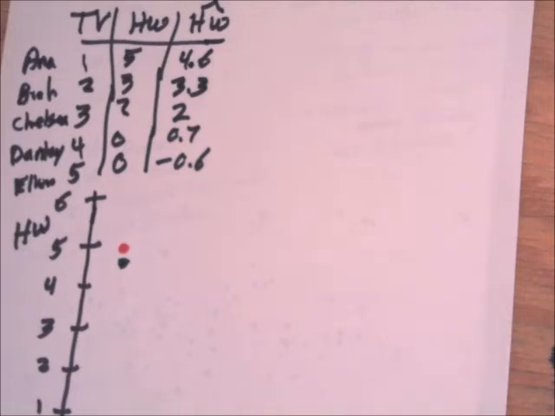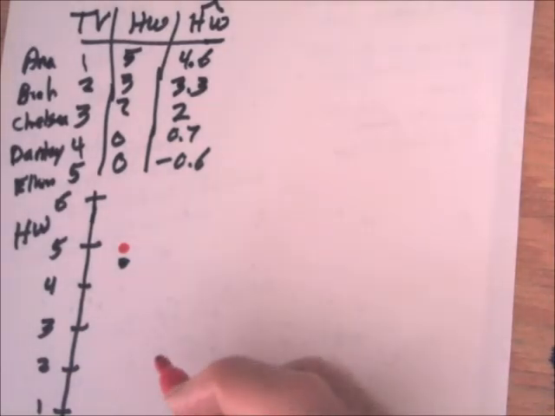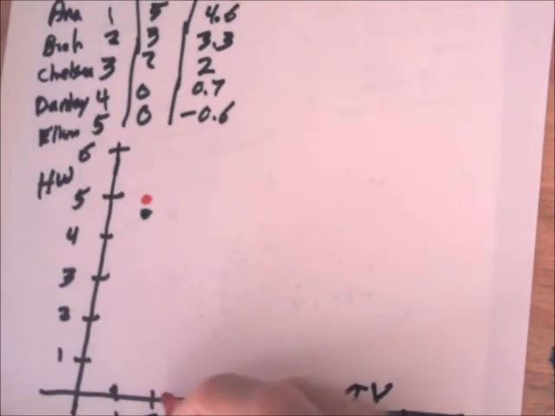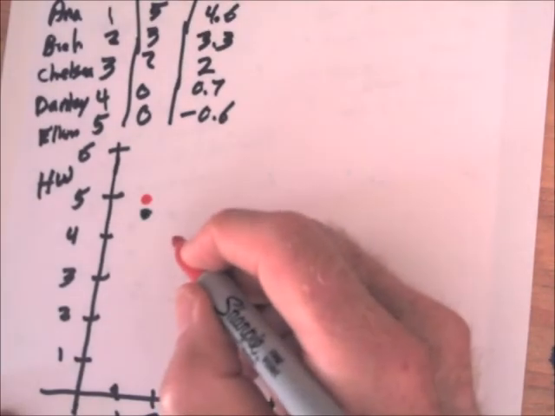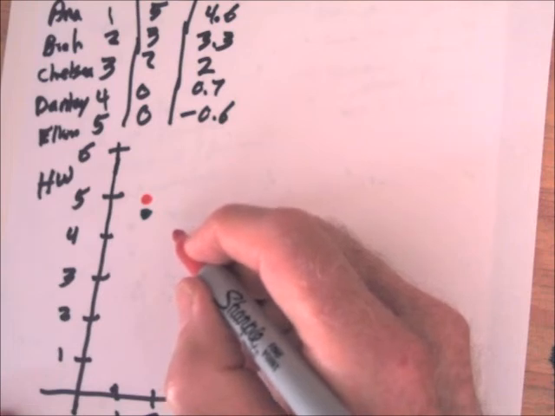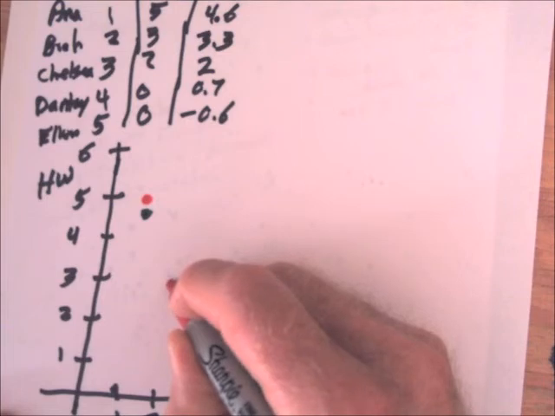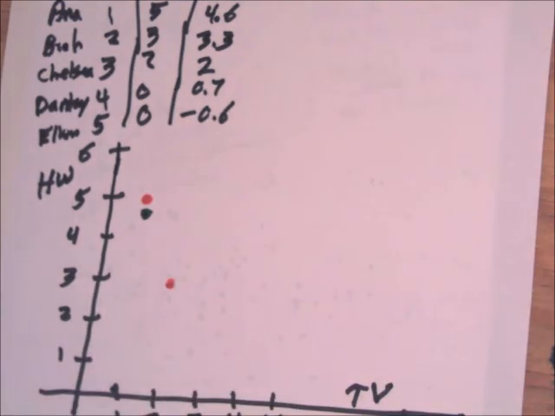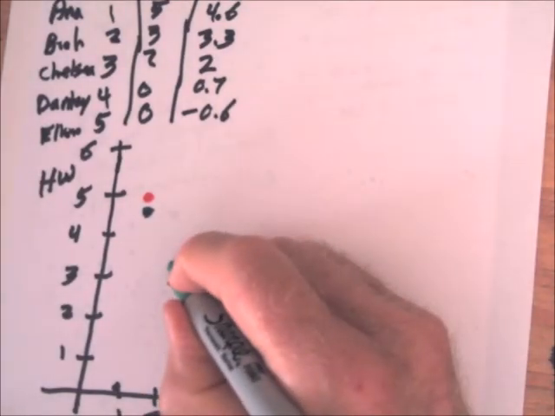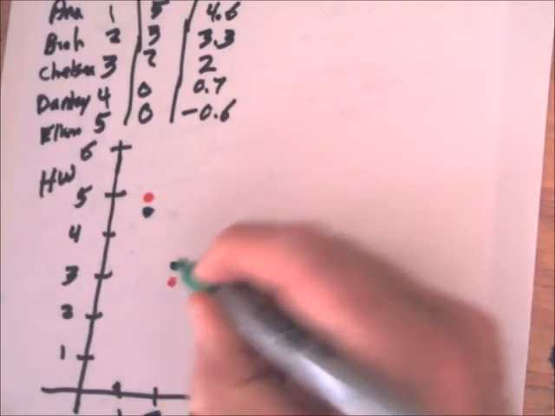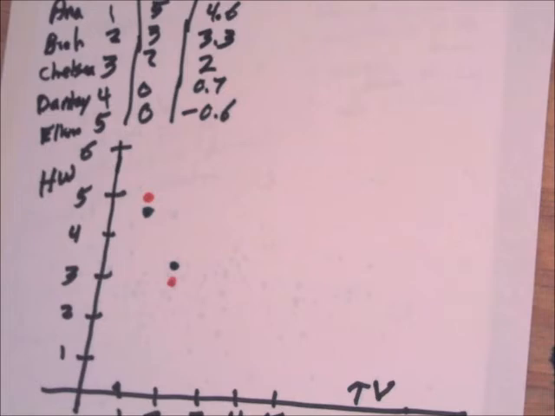For Ben, Ben spent 2 hours on TV, and Ben's actual homework was 3 hours. So I put a dot here for that. And Ben's predicted was 3.3, so that's a little bit above. I'll put a green dot for that.